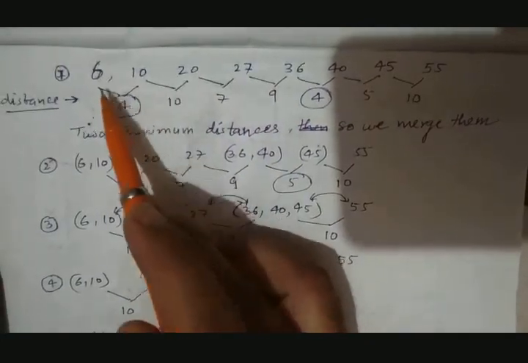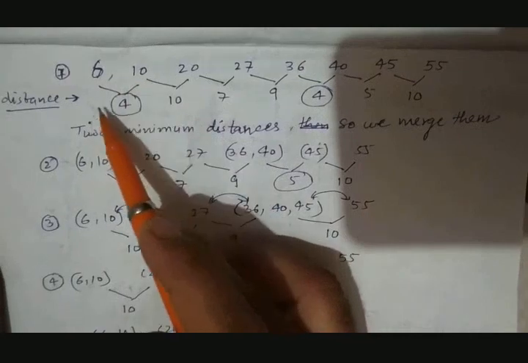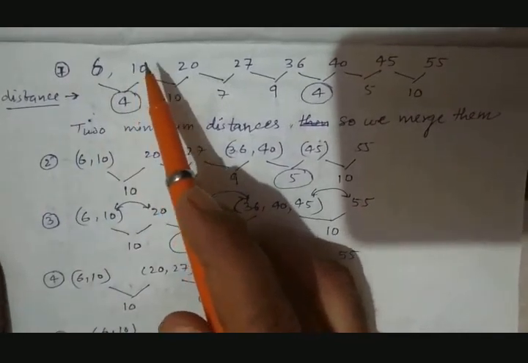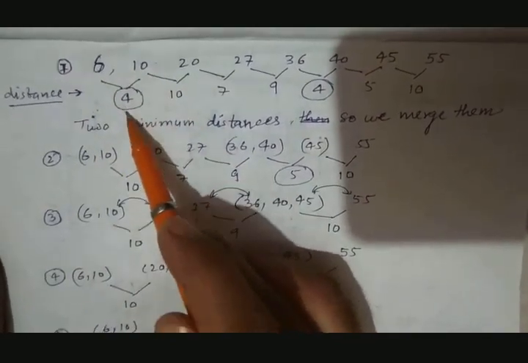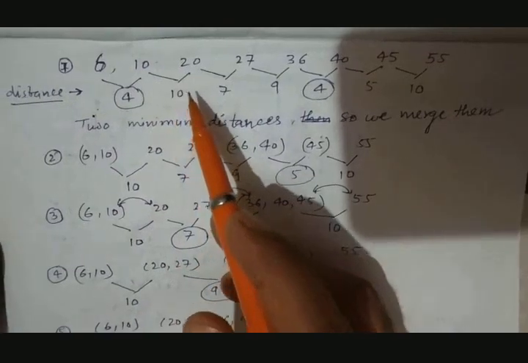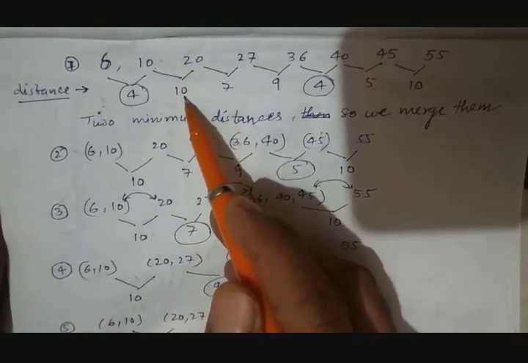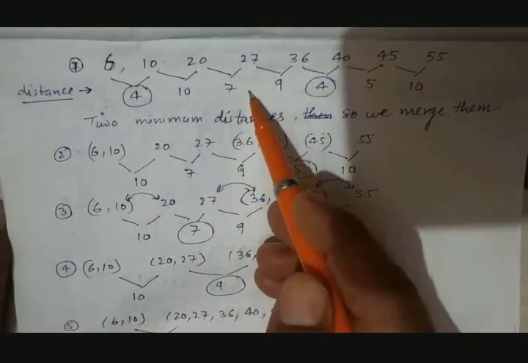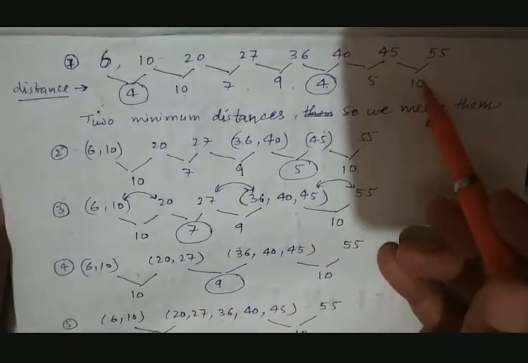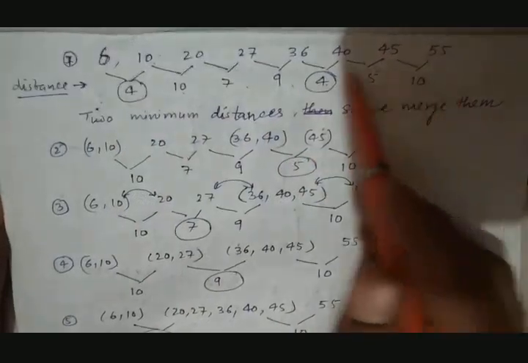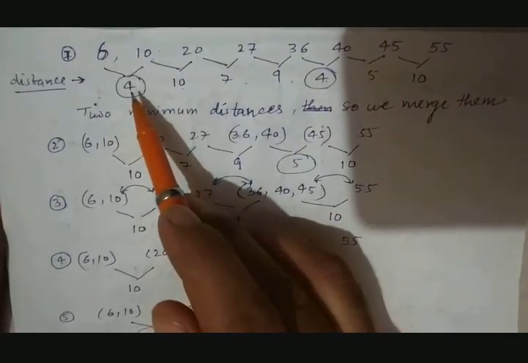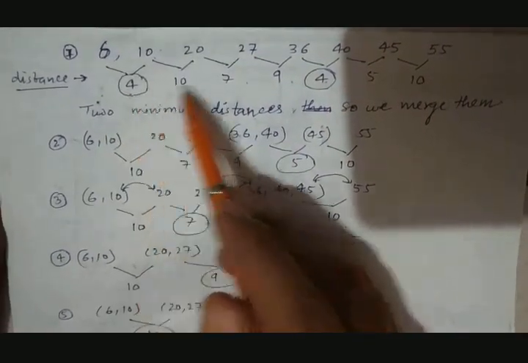Now we will compute the distance between these points. How do we compute the distance? Simply by taking the difference. The difference of 10 and 6 is 4, so the positive value is taken. Then for 10 and 20, the positive value of the difference is 10. Then we have 7, 9, 4, 5, 10. Among these distances, which is the minimum distance? It is 4.